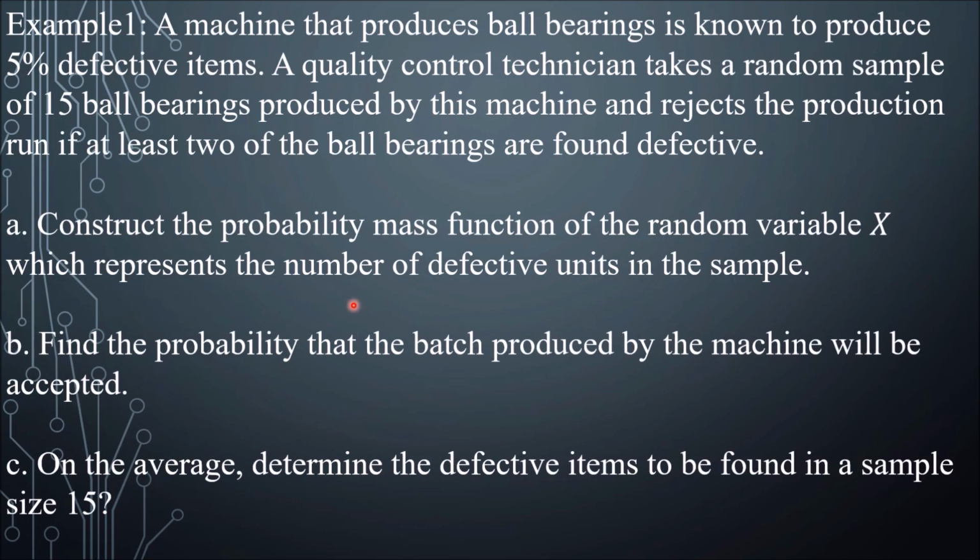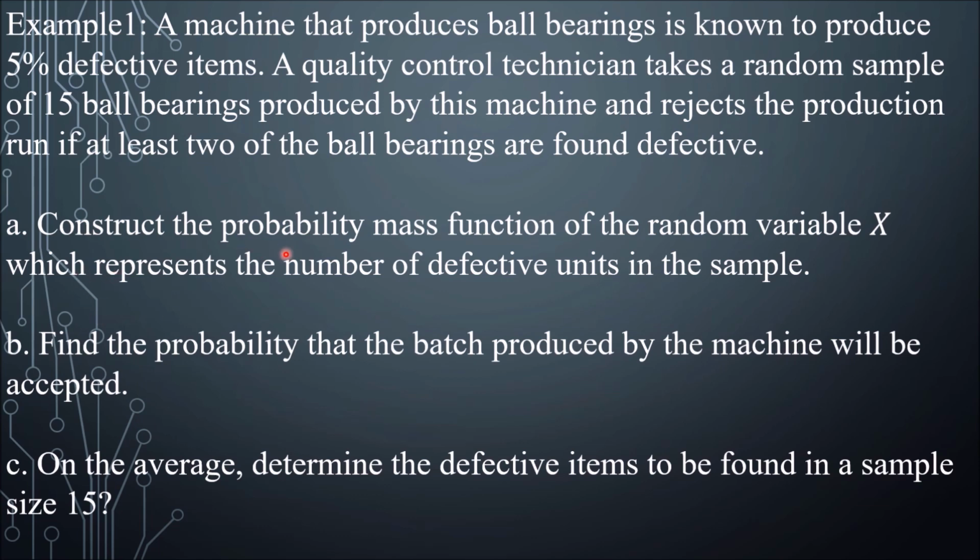Example number 1. A machine that produces ball bearings is known to produce 5% defective items. A quality control technician takes a random sample of 15 ball bearings produced by this machine and rejects the production run if at least 2 of the ball bearings are found defective.